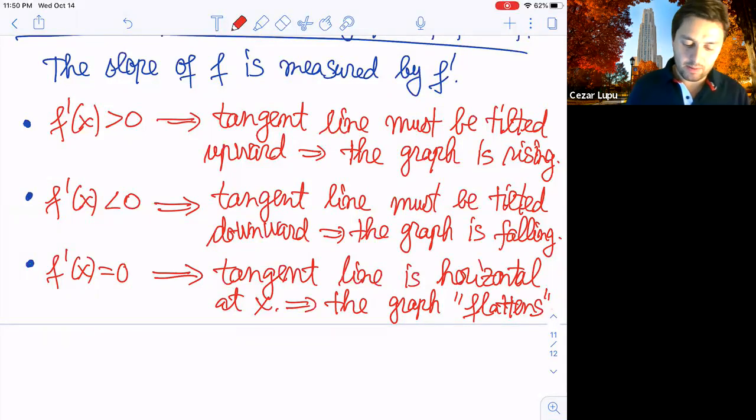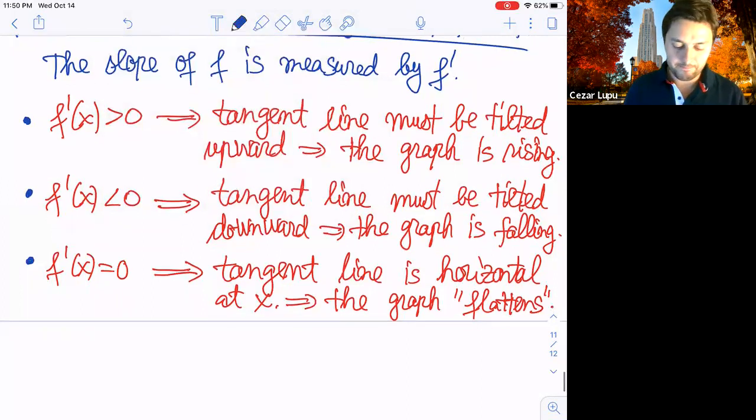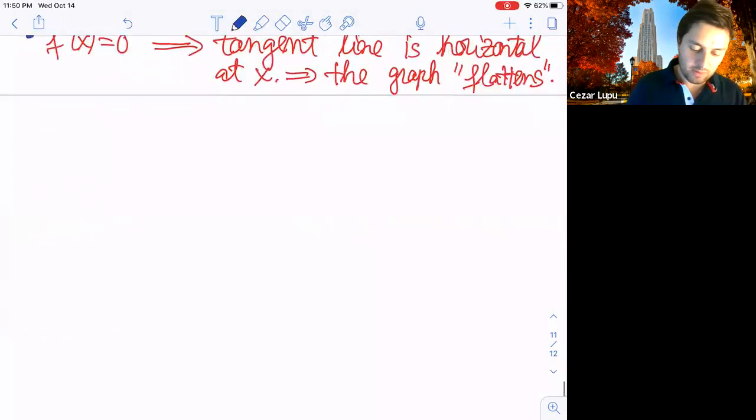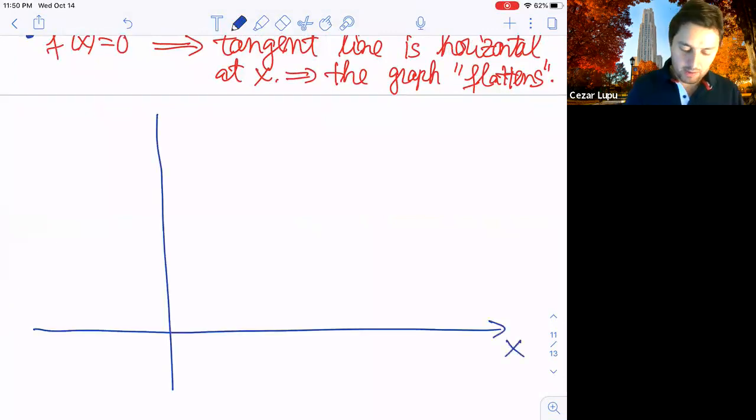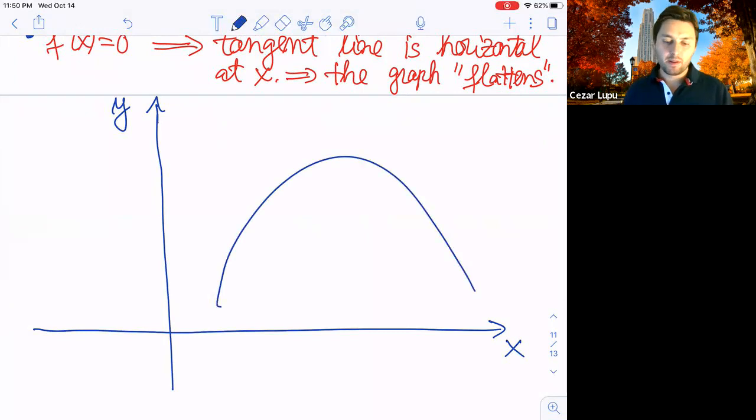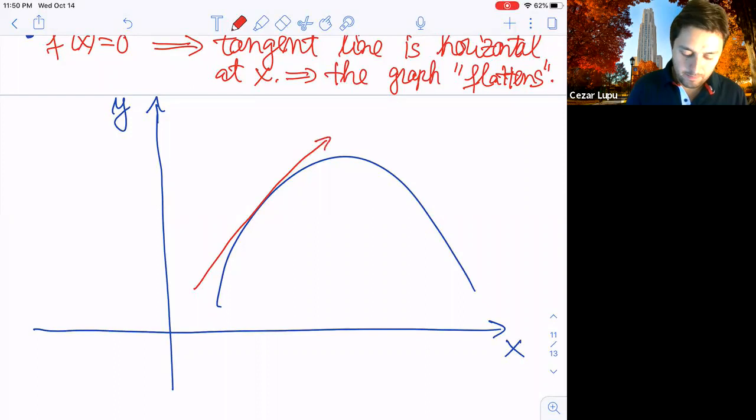And in fact, I want to make myself even clearer than this, and let me just draw a picture so that you can see all these three scenarios graphically. All right, let's see here. Let's just say we have a function that is like this, right? As you can see on this portion here, f prime is greater than 0.